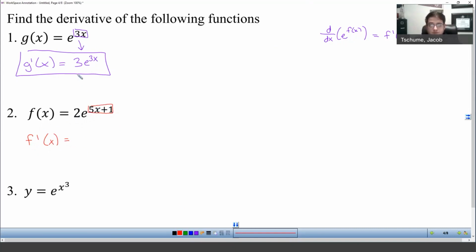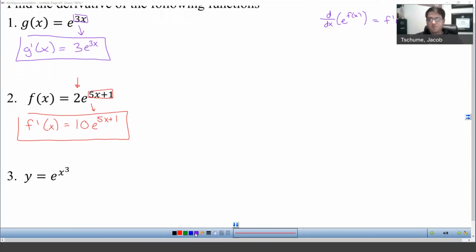Now, it comes to the front, but since there is a 2 already there, just like in the power rule, you go ahead and multiply those together. So 5 times 2 is 10. Then the e, you just bring down. So that is 10e to the 5x plus 1. This is the derivative of your function. Nice and simple, right?